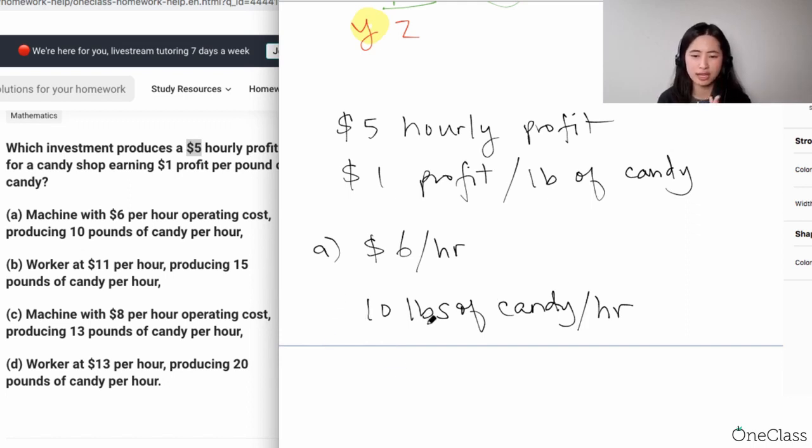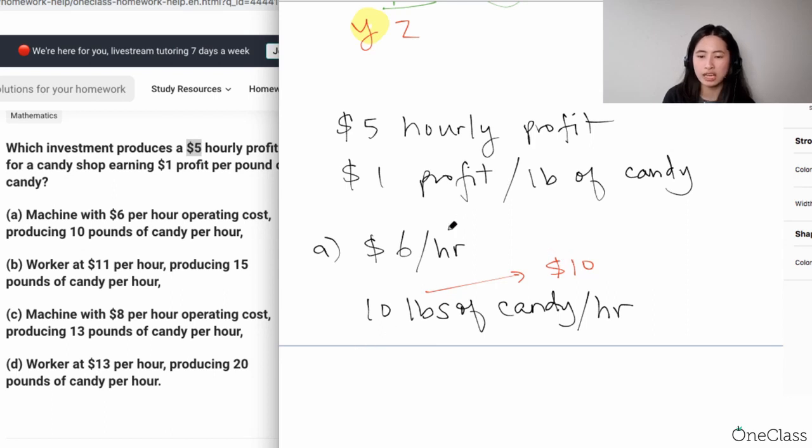Net profit is basically subtracting the amount that you're earning from the amount of the costs. So when you subtract, that's your net profit. That's what you're looking for, the $5 hourly profit. So that's basically your net profit, this number over here. Because it's per hour, that means you're actually earning $10 for the 10 pounds of candy that you're producing.